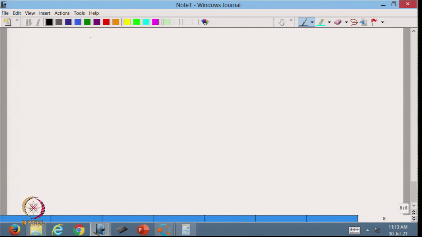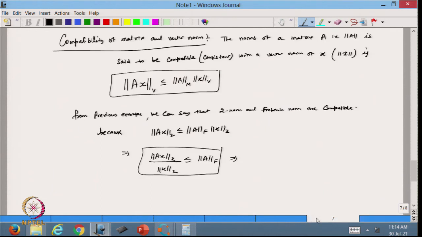So from here I define a norm as a maximum, because in this case this norm is always greater than or equal to this value. So if I take the maximum of this value, then it will be equal to this.